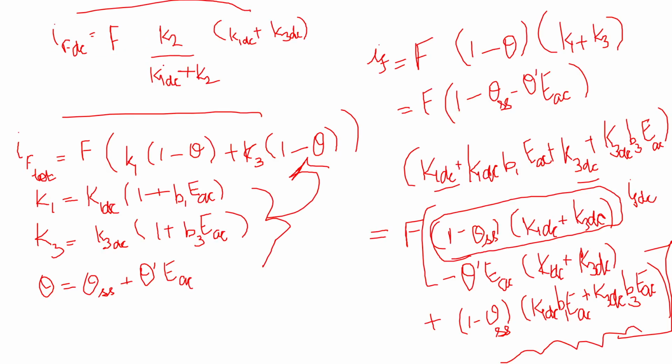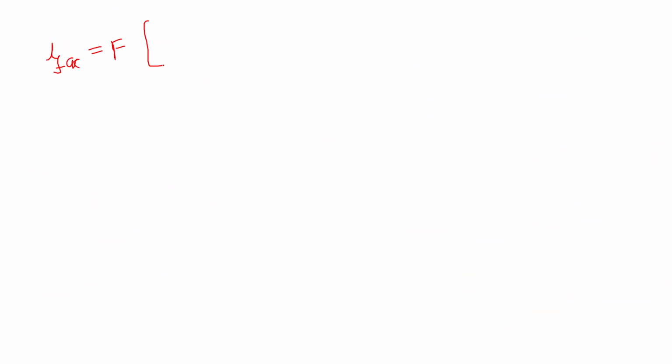So I'm again rewriting it as IFAC equal to F, minus theta dash, into K1 DC plus K3 DC.